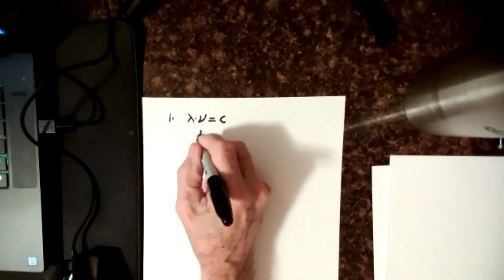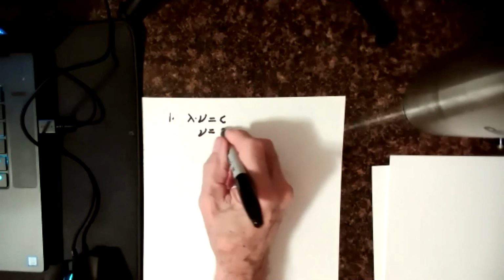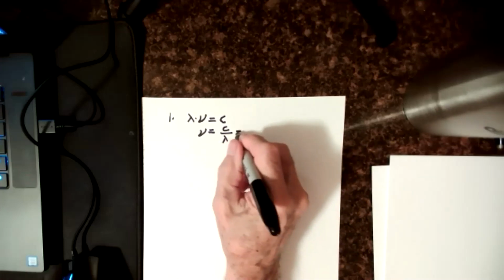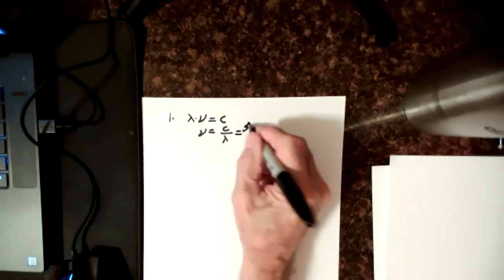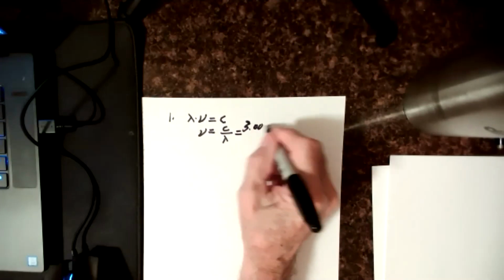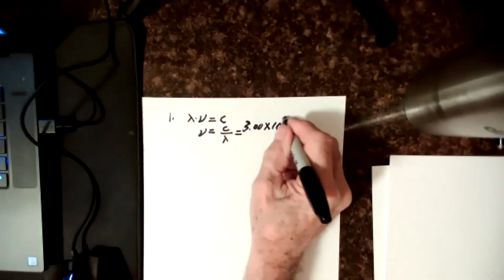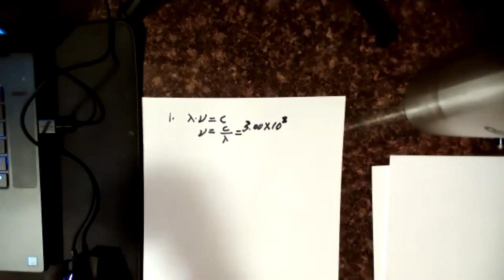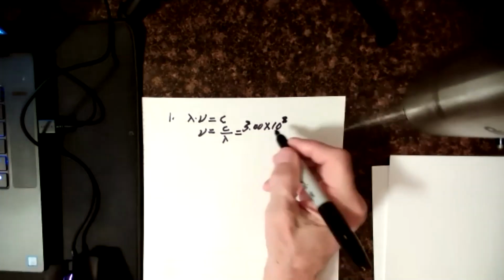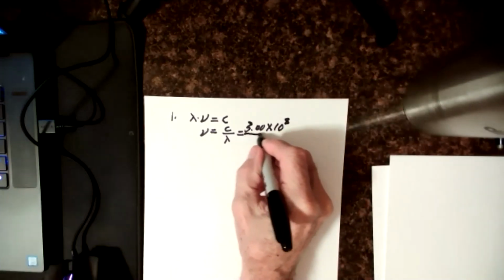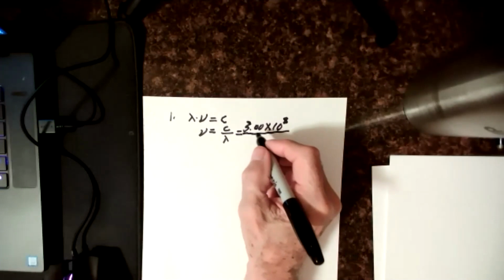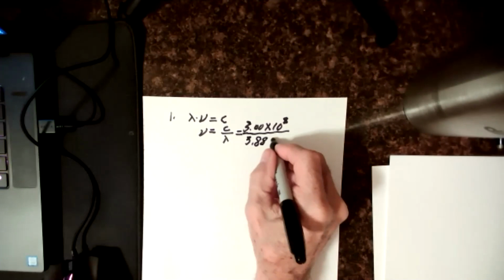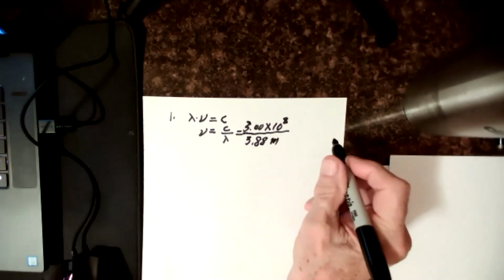So the frequency is going to be c divided by the wavelength, and the speed of light, which is given in the problem, is 3 times 10 to the 8th, given in 3 significant figures. You will have these constants on your exam the same way as this. The wavelength is 3.88 meters. Okay, well, we're good here.